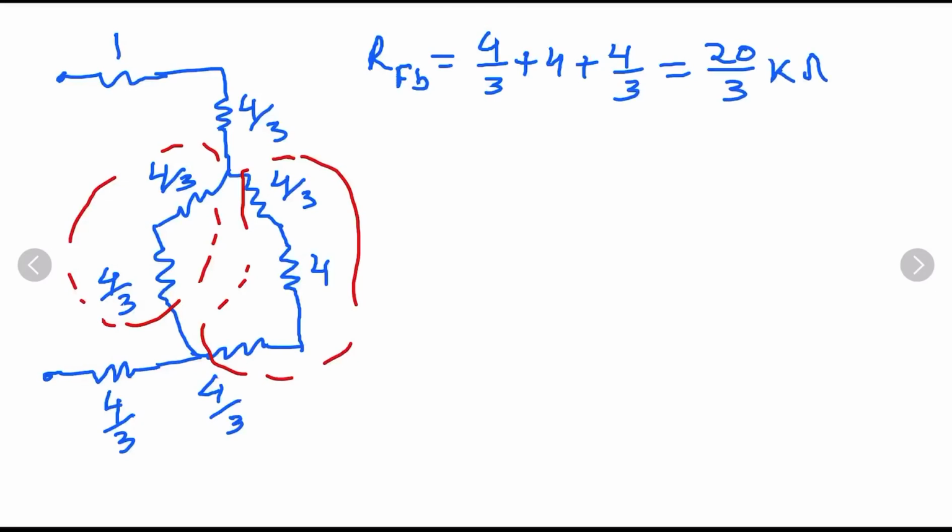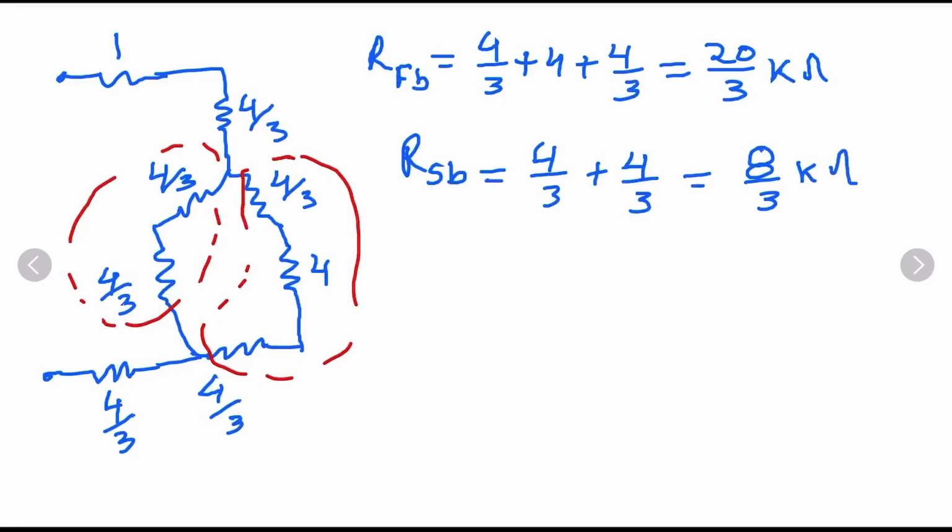Now we will calculate for this branch. We are naming it as second branch SB, and it is 4 by 3 plus 4 by 3, so it will be 8 by 3 kilo ohm. So after doing this calculation, we will redraw the circuit and try to find R equivalent.